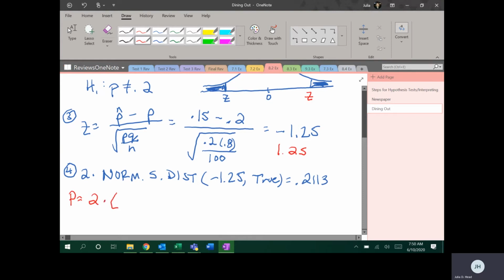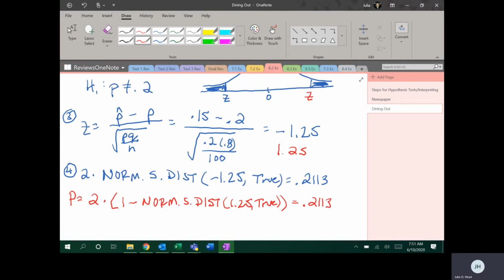But since it's on the right-hand side, we would need the complement rule. And it would have happened that we got the same number because negative 1.25 is symmetric to positive 1.25.